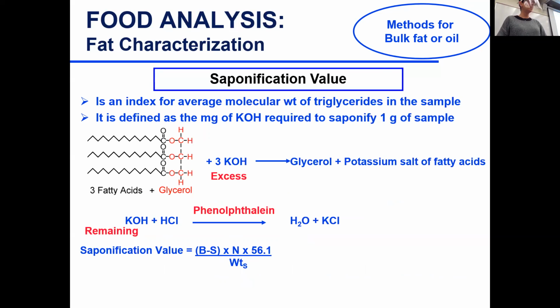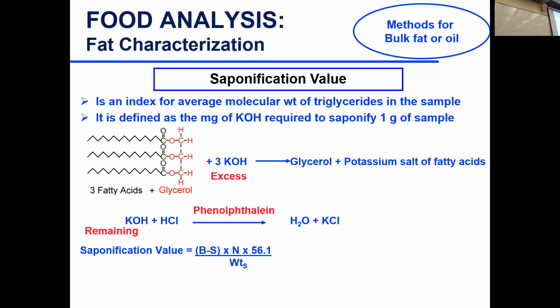Saponification value is another important test. And here, what is it used for? It's for identification, and it gives you an index for average molecular weight of the triglycerides in the sample.